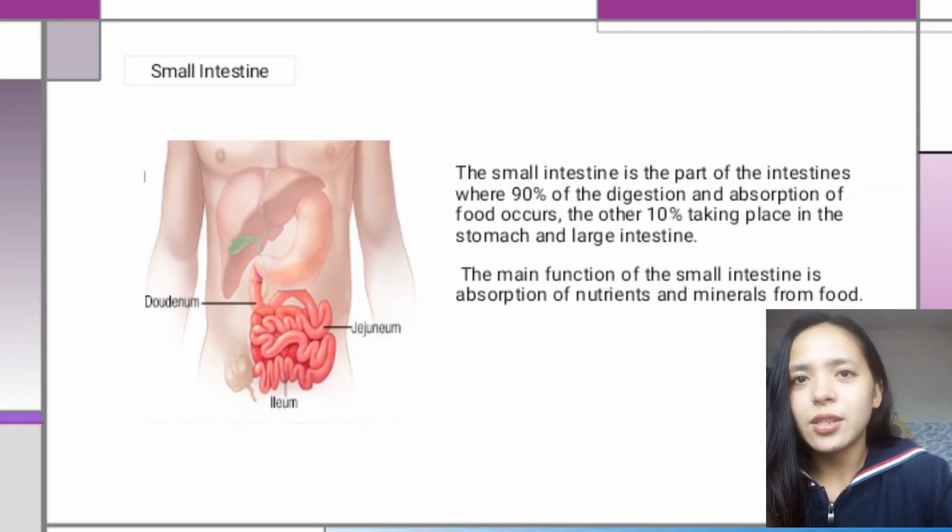So next is the small intestine. The small intestine is the part of the intestines where 90% of the digestion and absorption of food occurs. The other 10% takes place in the stomach and large intestine.